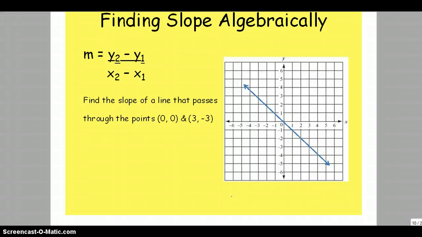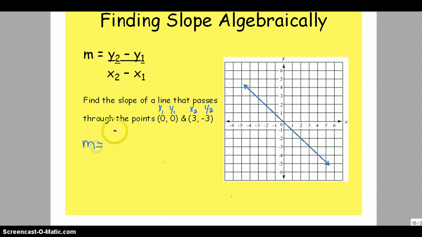Now let's do this one. Find the slope of the line that passes through the points 0, 0, and 3, negative 3. Again, I'm going to label these. I can label these any way that I want. I can go x1, y1, x2, y2. I just have to remember to do it xy, xy. It doesn't matter which one I make as point 1 or point 2. I just have to be consistent.